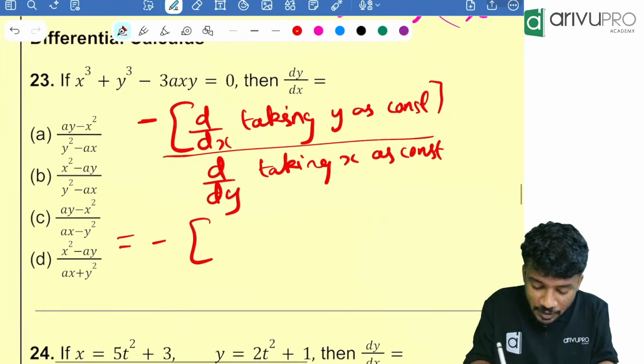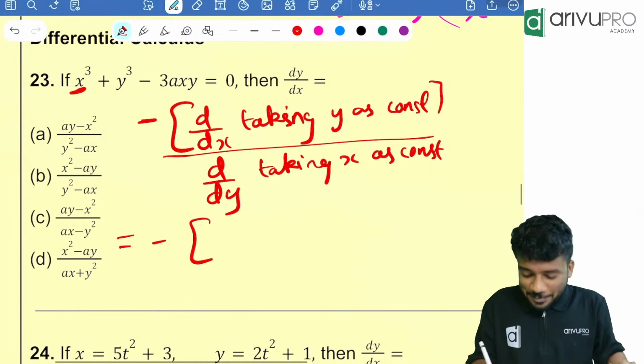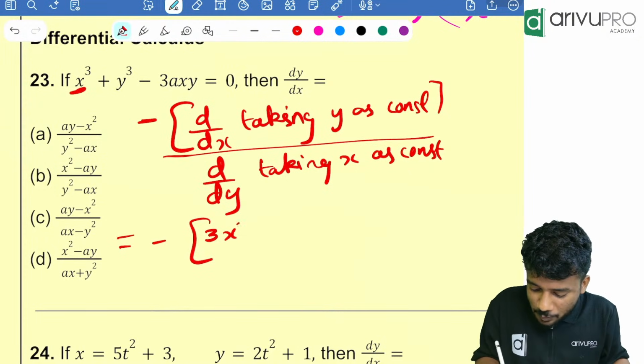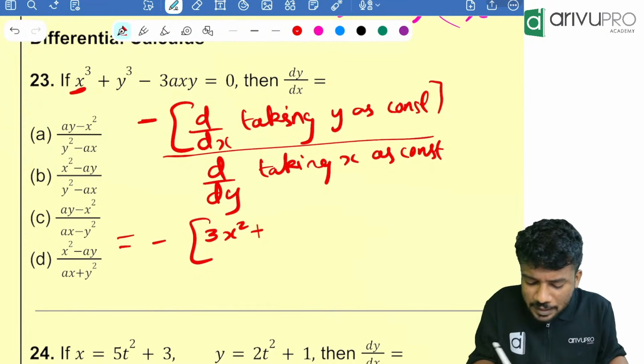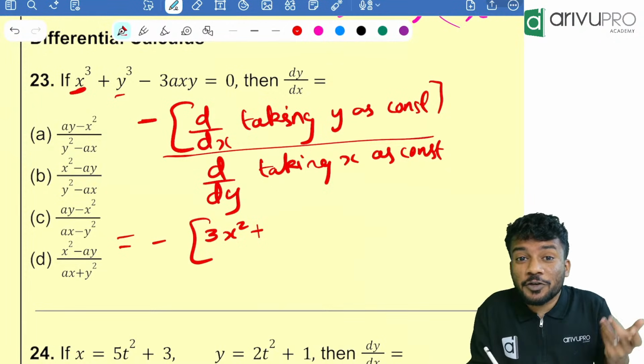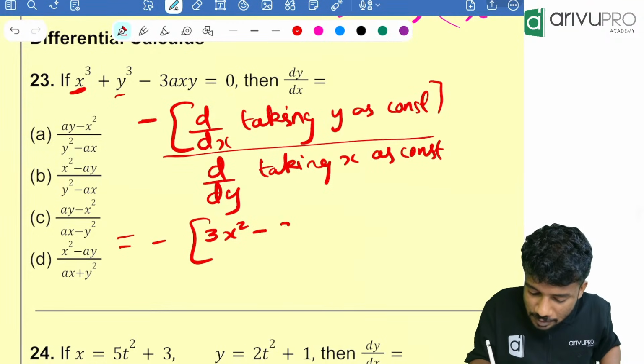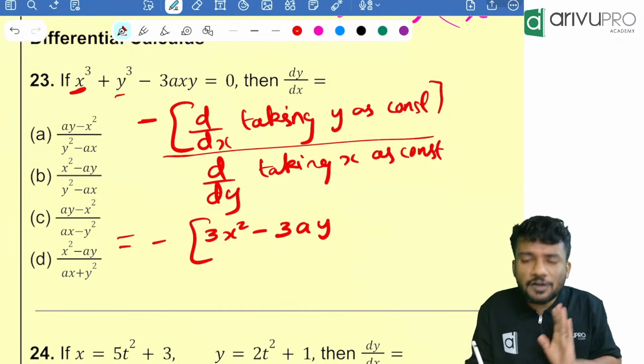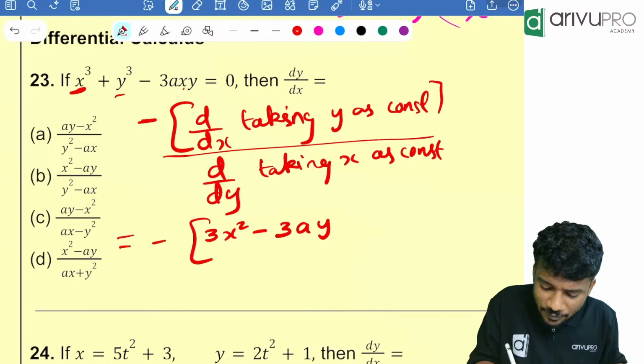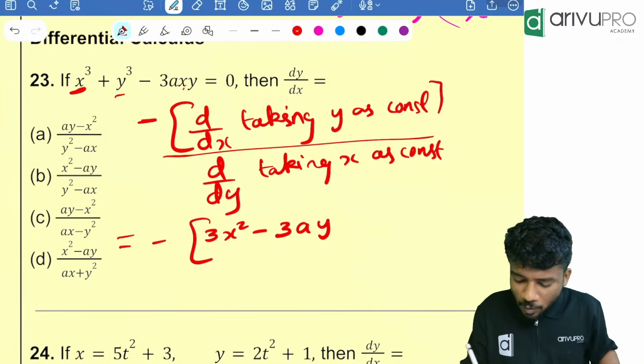Remember that also. So derivative of x cube is 3x square. Plus derivative of y cube in the numerator is 0, because we are taking it as a constant. Minus 3ay: a y is a constant, so we take it outside. The derivative of x is 1.